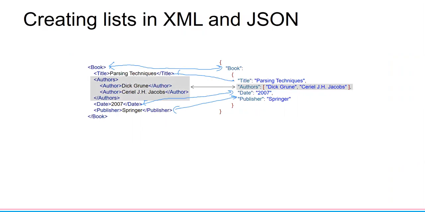However, we have some differences, in the author attributes. We have multiple authors. In XML, you need to define them one by one: author, the name, and then slash author. And then another author, Cyril Jacobs, and then slash author. In JSON, it's much simpler. You just use a list to indicate the first author and the second author, and we can access the index, for example.